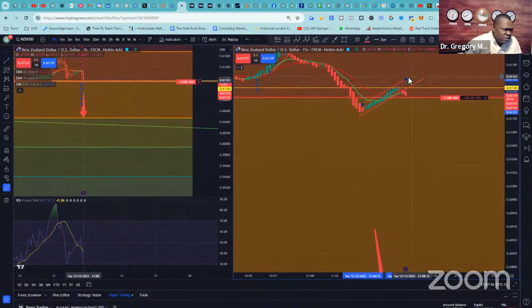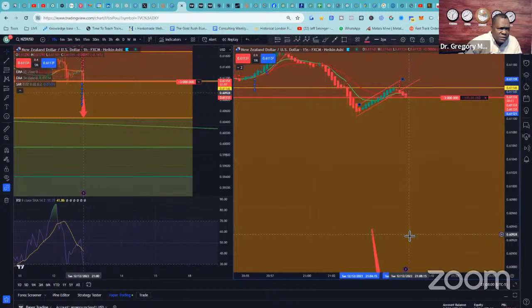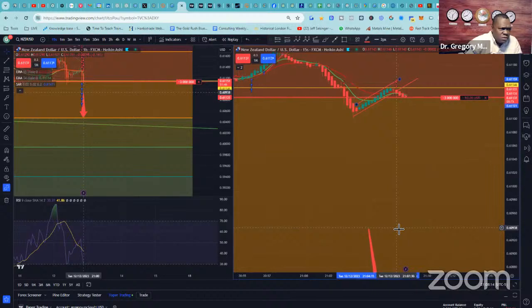Flag in a downtrend. $61.13. 1/10 of a pip.